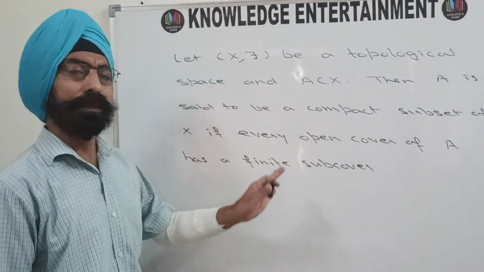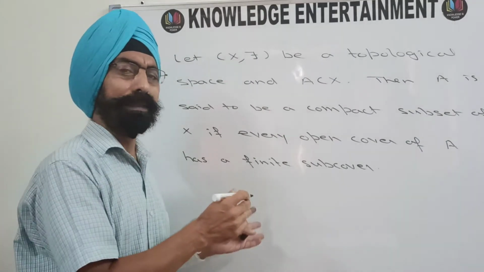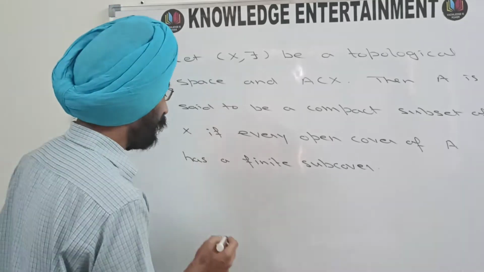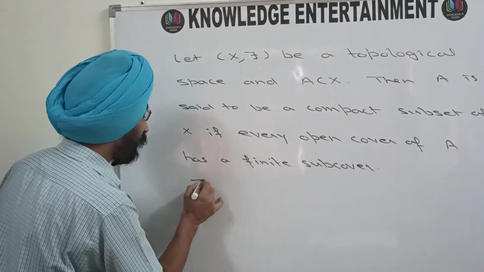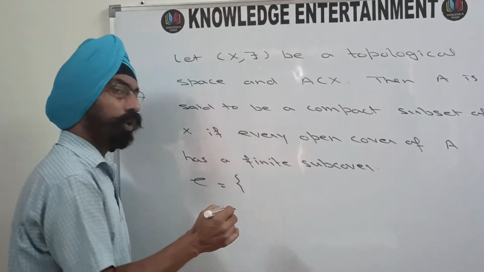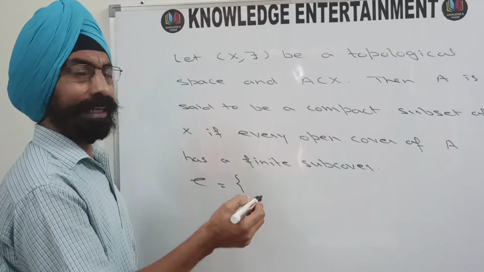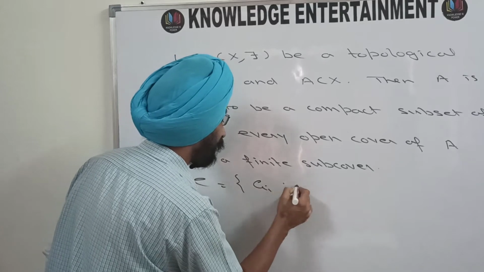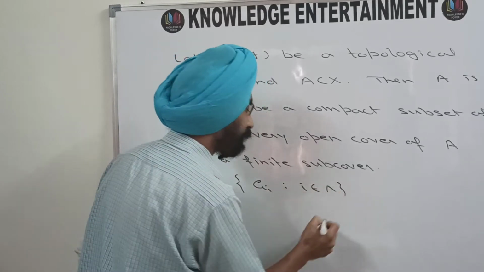So what is the meaning of this sentence? Let us understand a little bit clearly. So there is a family C of open sets in topology top, say Gi, where i belongs to a particular family lambda.